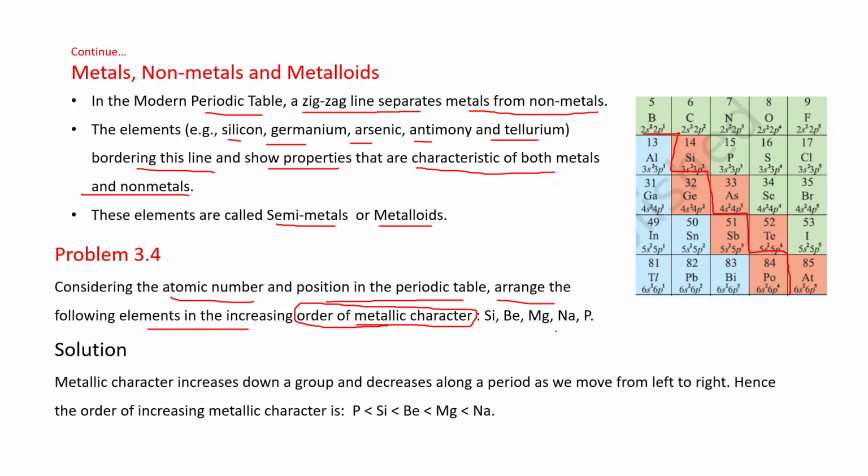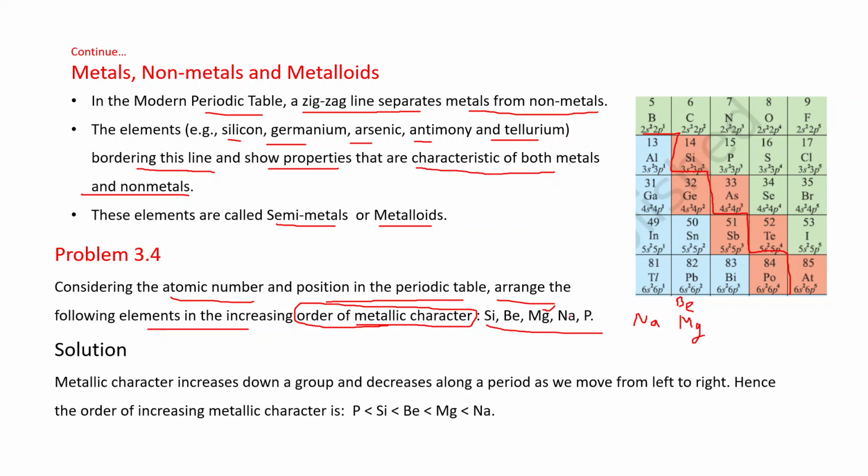Now, if you place these elements in the periodic table, in this case sodium, this is alkali metal Na, and this is beryllium. The position of beryllium is in the second group and second period. Then this is magnesium. This belongs to second group and third period.